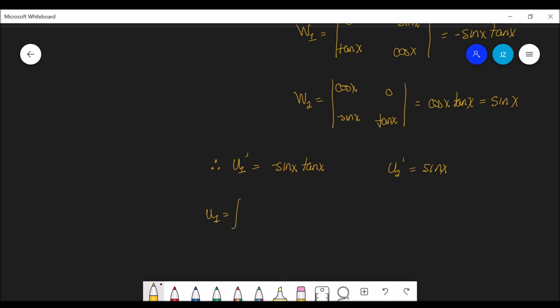So u1 is the integral of negative sine of x tangent of x, which is sine of x minus the natural log of the absolute value of secant x plus tangent x. u2 is the integral of sine of x dx, which is negative cosine of x.